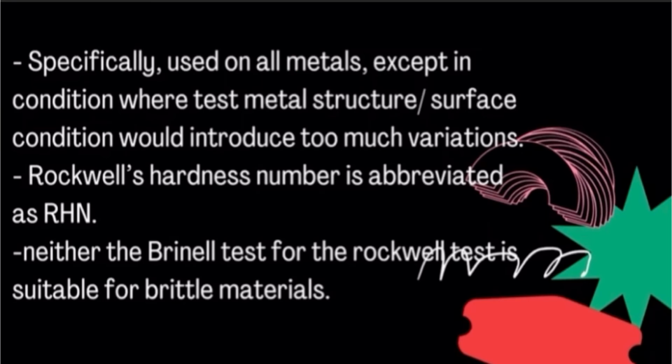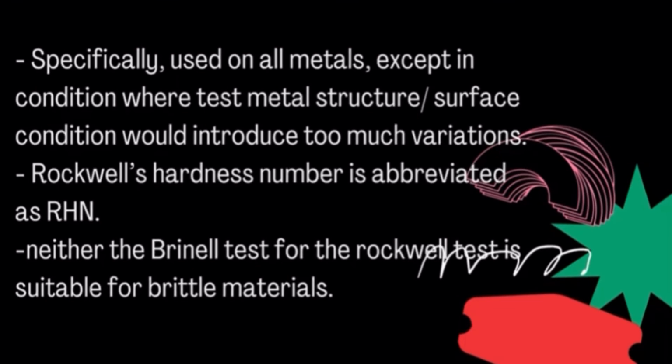Specifically, this test is used on metals except in conditions wherein the test metal structure or surface condition would introduce too much variation. The Rockwell hardness number is abbreviated as RHN. Neither the Brinell test nor the Rockwell test is suitable for brittle materials.